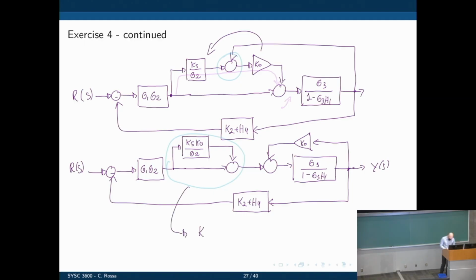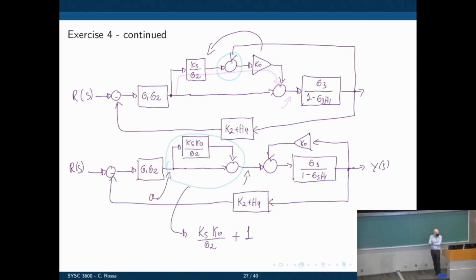Isn't that K5, K6 over G2 plus 1? Right? If we call the signal here A, what is the result here?